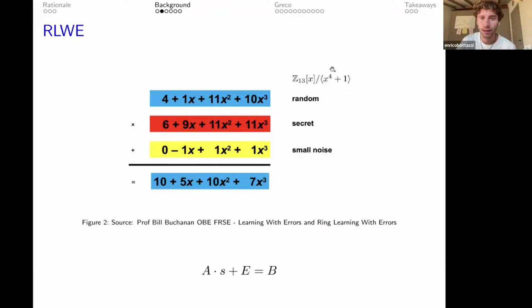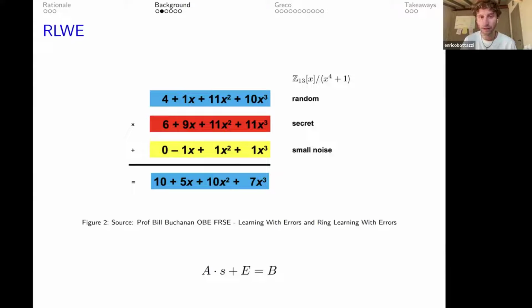What it basically means, in a very informal way, is that all the coefficients of this polynomial must be integers modulo this number, and all the operations between polynomials are performed modulo this other denominator polynomial. This modulo operation between polynomials is really similar to what you do between integers.